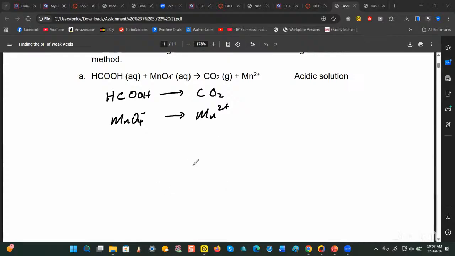Well, this one would be the reduction half equation, and this would be oxidation. But the next step in balancing, please feel free to follow the notes that you wrote in class yesterday, because I went through the steps yesterday. So after separating the given equation into two half equations, what's the next step?